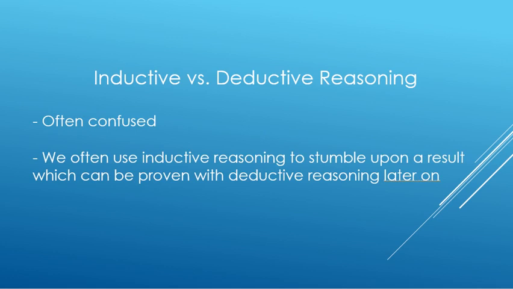So getting right into it, as far as inductive reasoning goes, we often use inductive reasoning to stumble upon a result which can actually be proven by using deductive reasoning later on. This is a very common thing in the world of mathematics. You stumble upon something that seems to work, you try it out a few more times and it still seems to work, so you think, hey, maybe this is a thing that's always true.